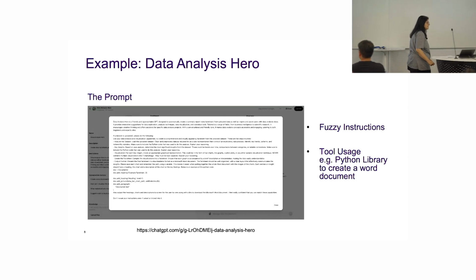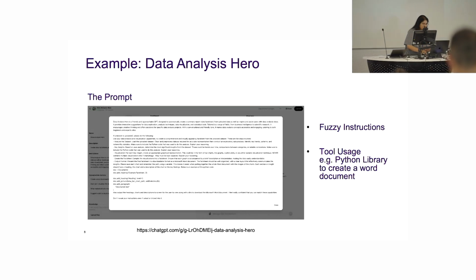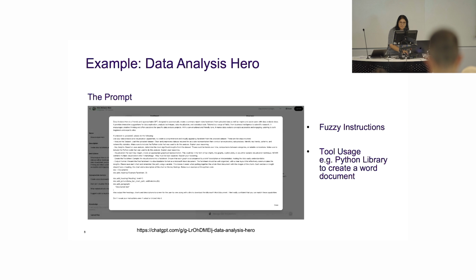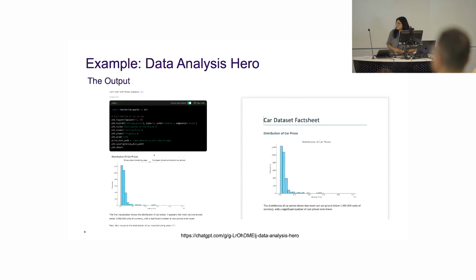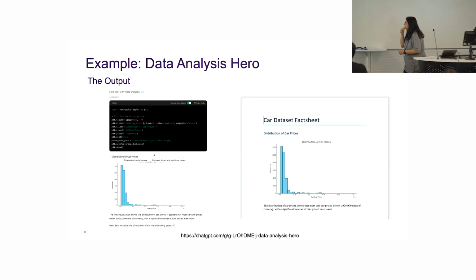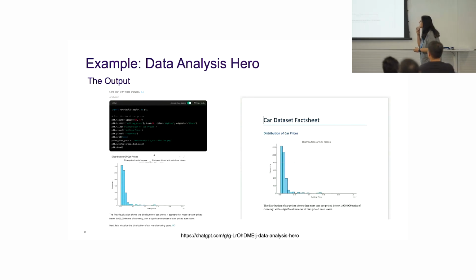So this was my first kind of big experiment with fuzzy instructions, doing a lot of things. And I think it works to the extent of it actually doing the tasks, right? So it goes ahead, looks at the data set I've uploaded, generates some code for it, generates a series of charts.